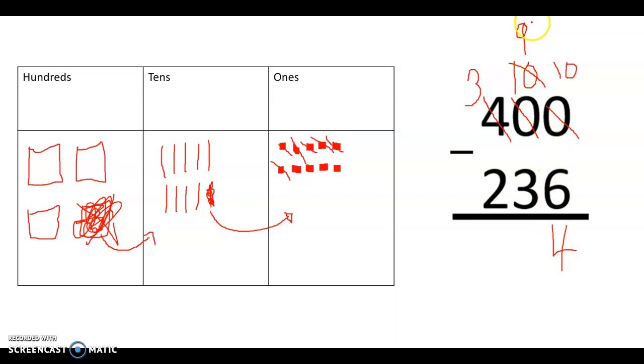Okay, now, all right, I've got 9 in my tens place, and I'm subtracting 3. Well, if there's more on top, no need to stop. We're just going to subtract. So 9, take away 3, so 1, 2, 3, those are gone. 9 minus 3 is 6.